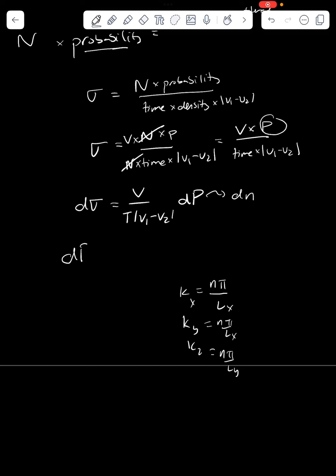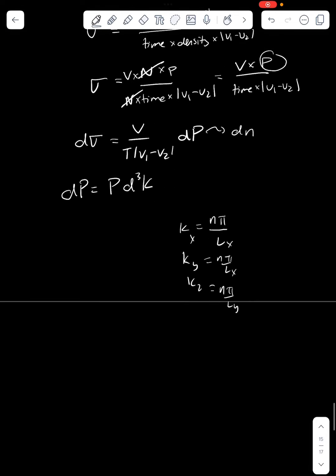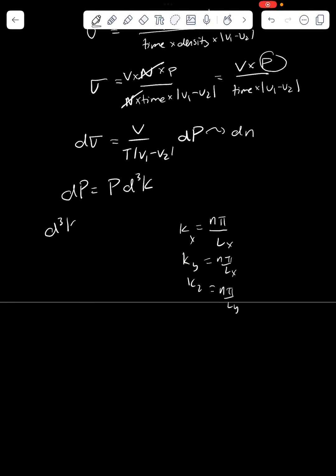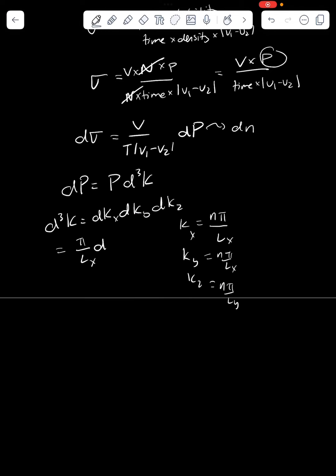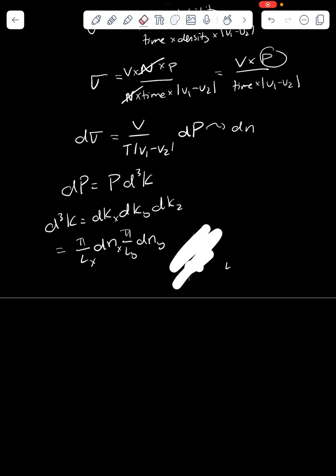dp is written out as the probability p times dk, or d3k, since we have 3 momentum directions. And recall that d3k is just dkx, dky, and then dkz. Now we can rewrite that as pi over Ly dn, and technically this should be nx, and then we'd have pi over Lz dn.